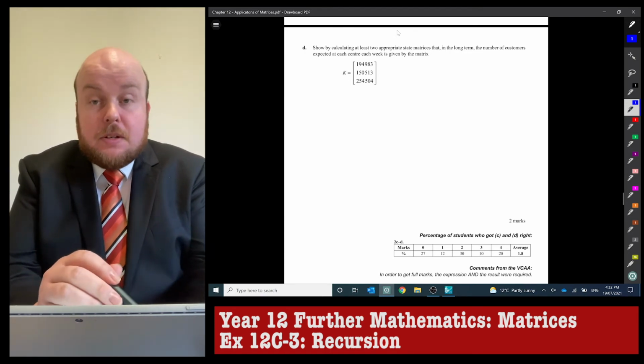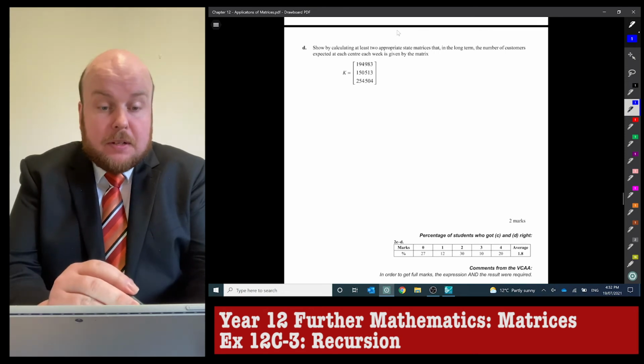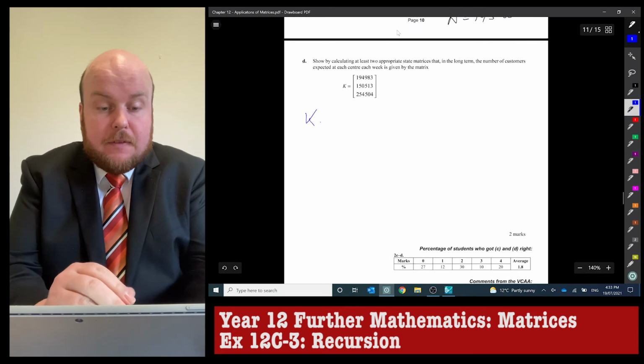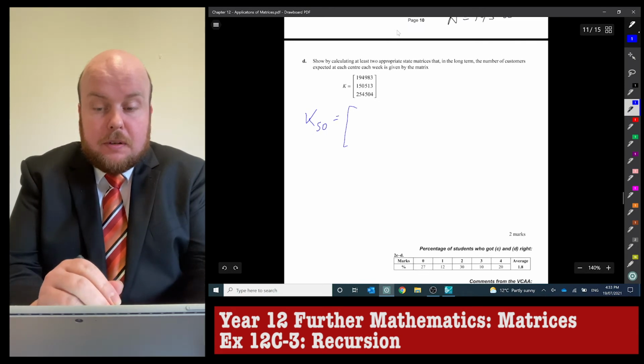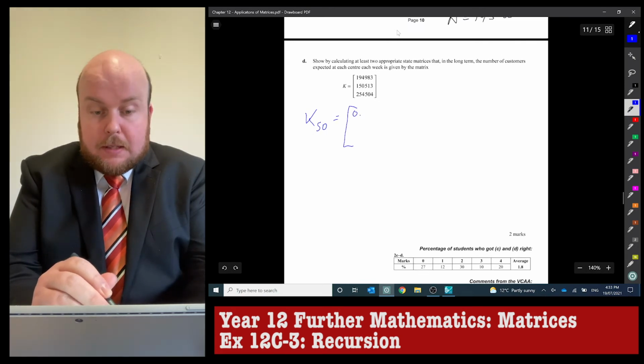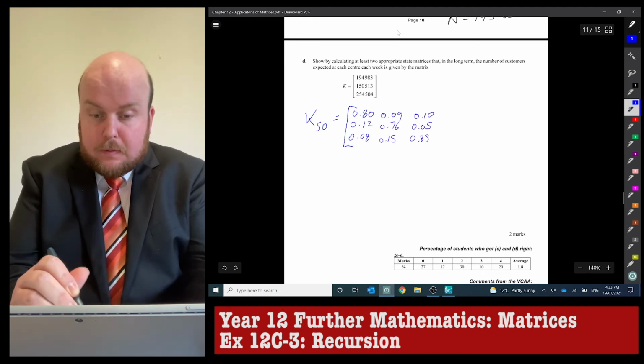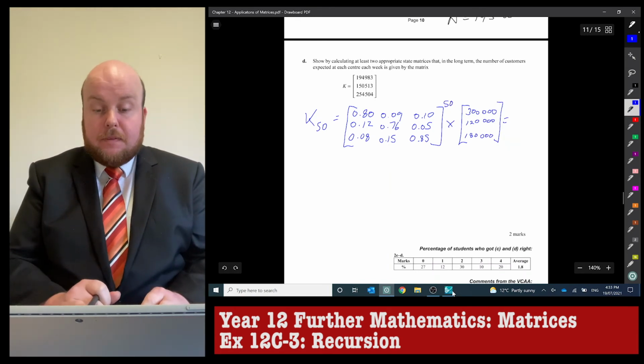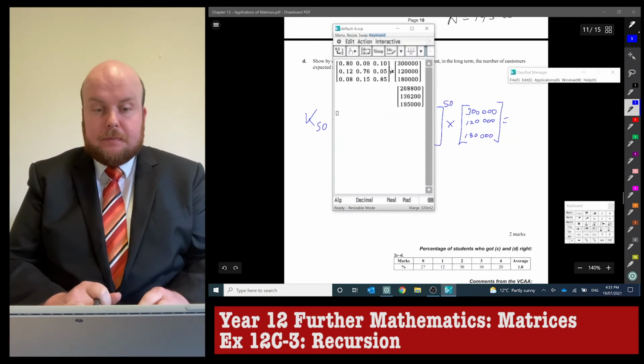So all you would need to do is set up 2 equations. What I'm going to do is start by doing K50 is equal to, and I'm going to get my 0.8. So I've set up my first equation.